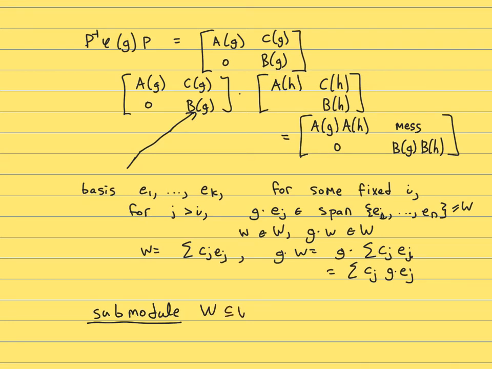It's a subspace W with G dot W in W for all W in W and G in the group. Sometimes this is called a subrepresentation as well. So equivalently, you'll see the word subrepresentation.